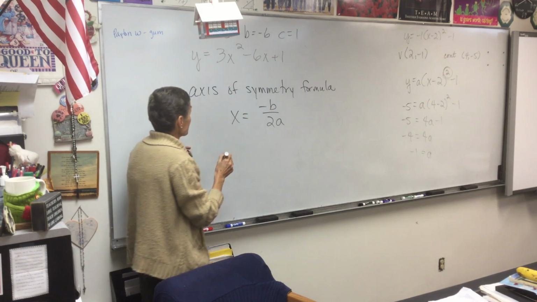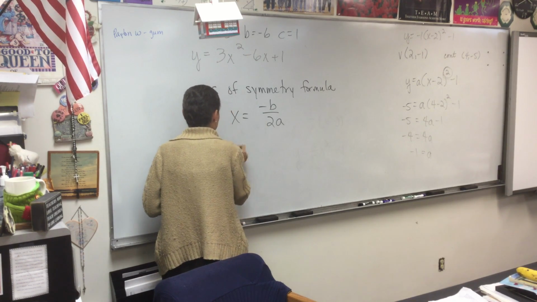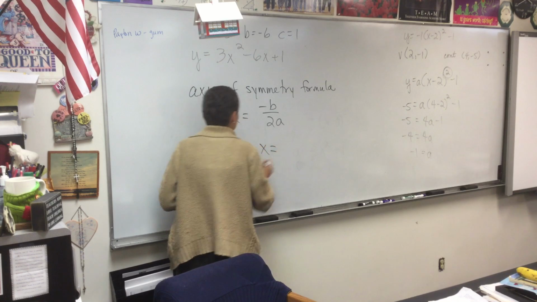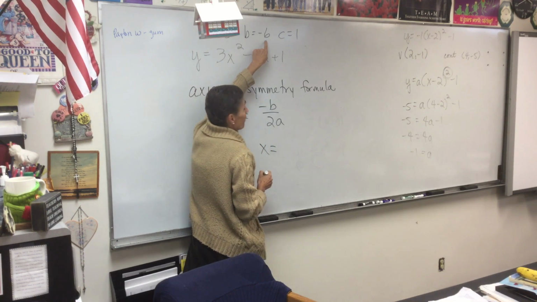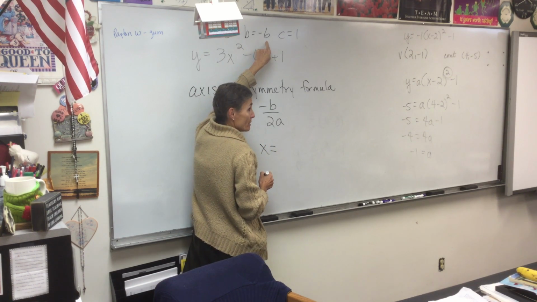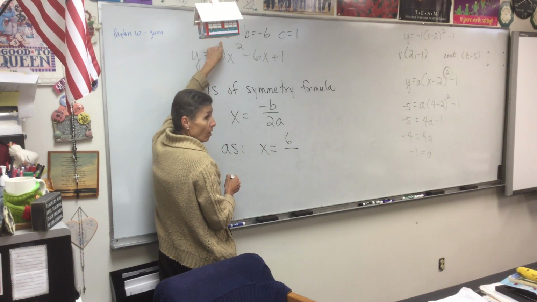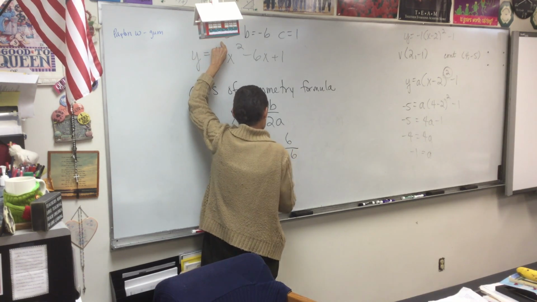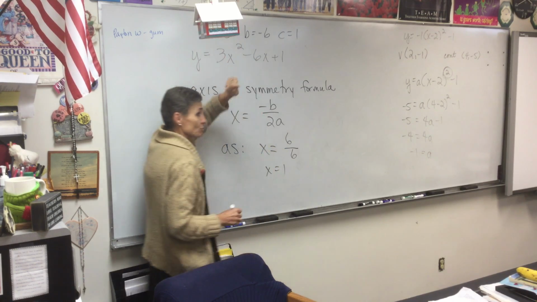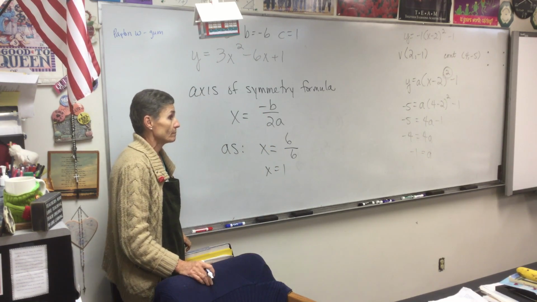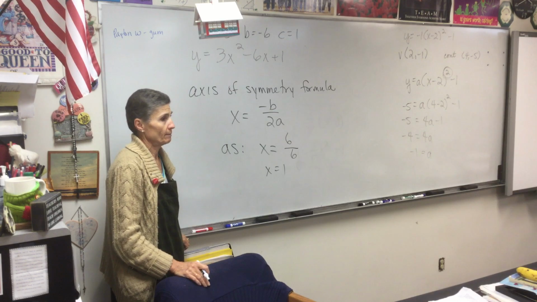So in our case, we want negative b. Our axis of symmetry will be x equals, negative b will be 6, and 2a will also be 6, so your axis of symmetry is 1, straight from the formula.